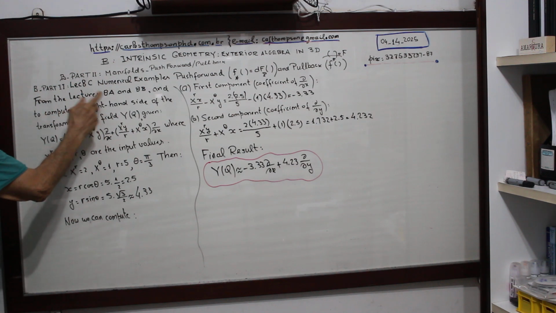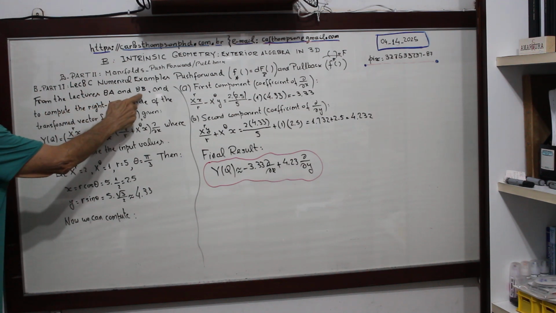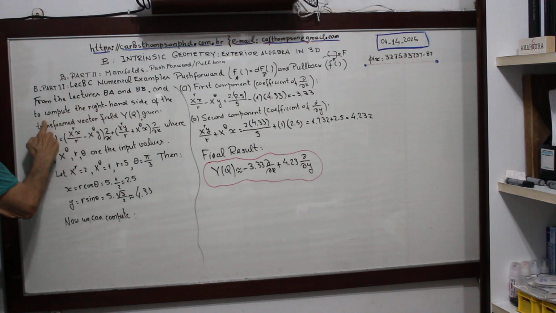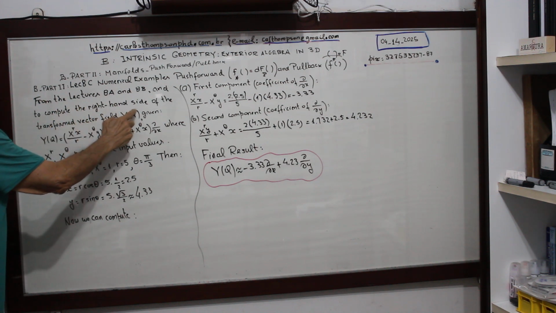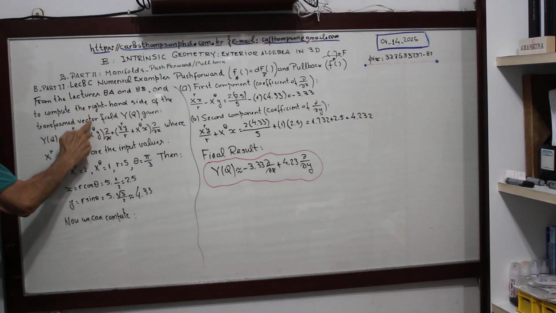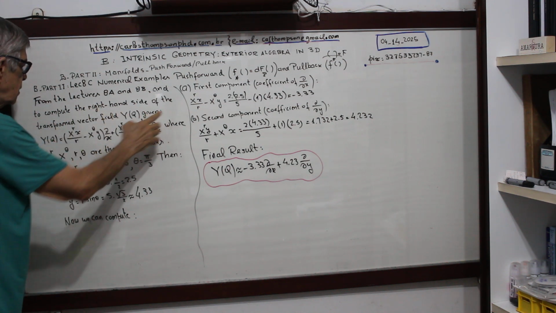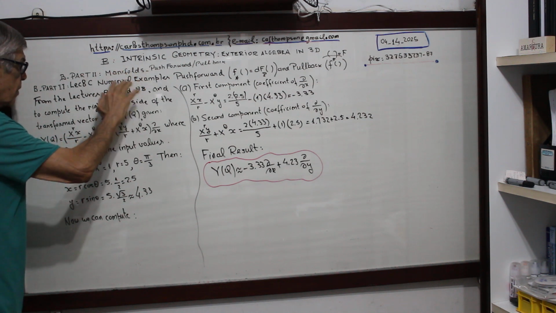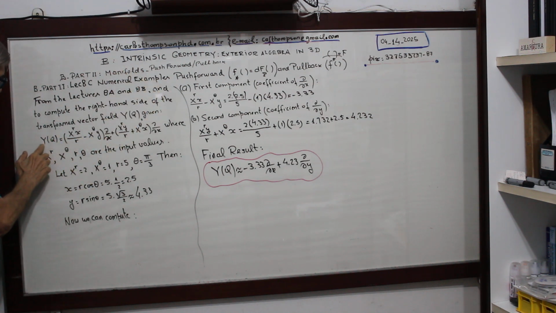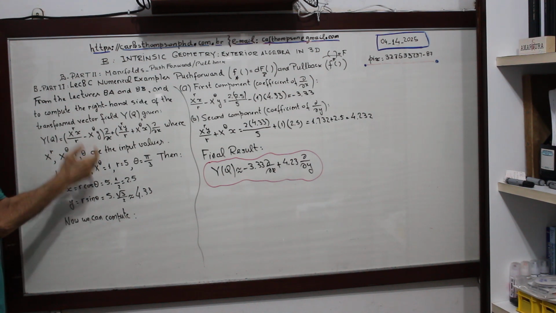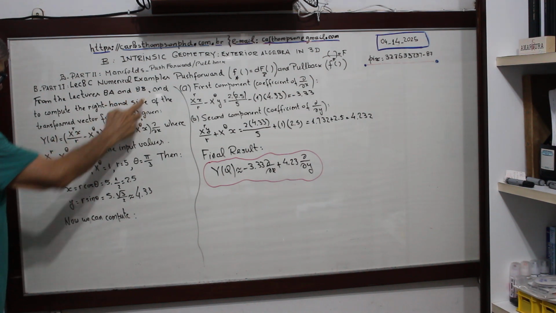Now, from lectures 8A and 8B, we compute the right-hand side of the transformed vector field Y_Q. Now it says numerical example. So this is the formula which we derived in lecture 8B.